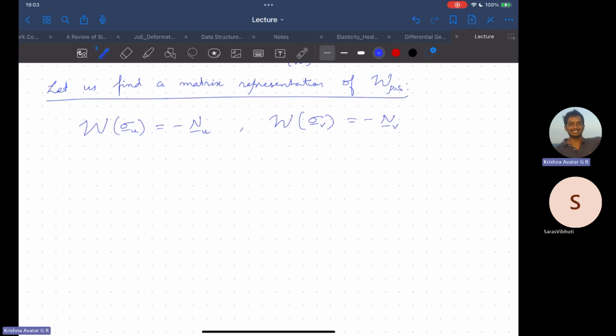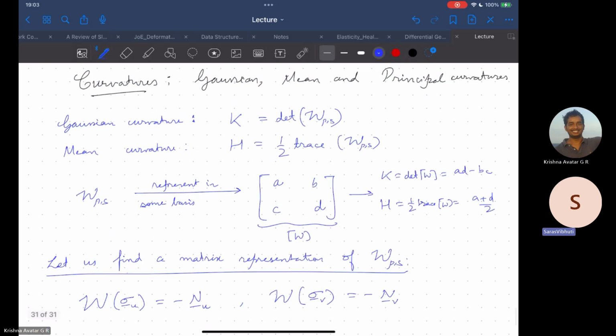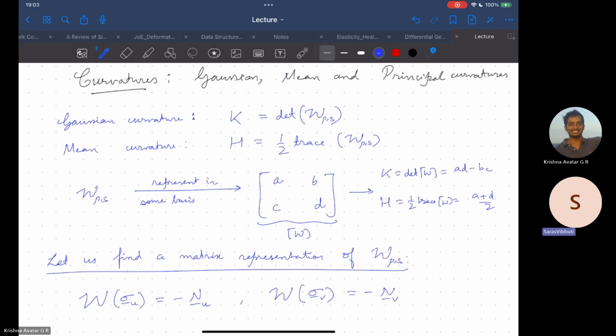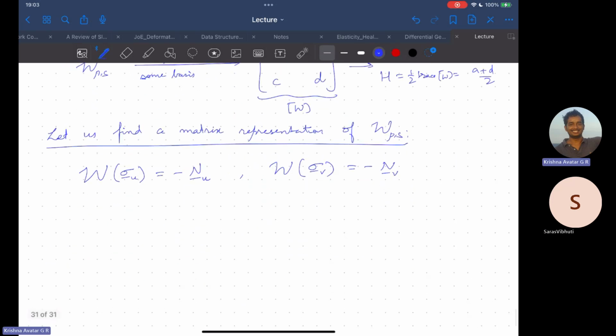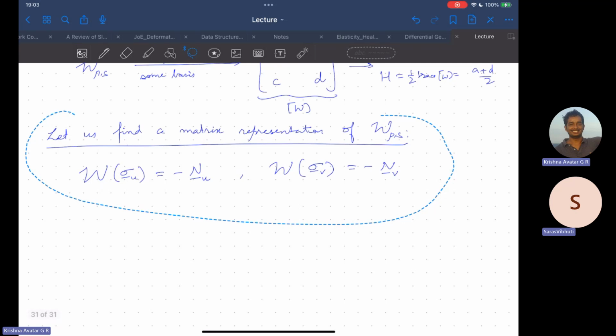Before this, you have defined Gaussian curvature and mean curvature, but you have not yet told about principal curvature. Principal curvature we'll look at after this. Why not do it right away?